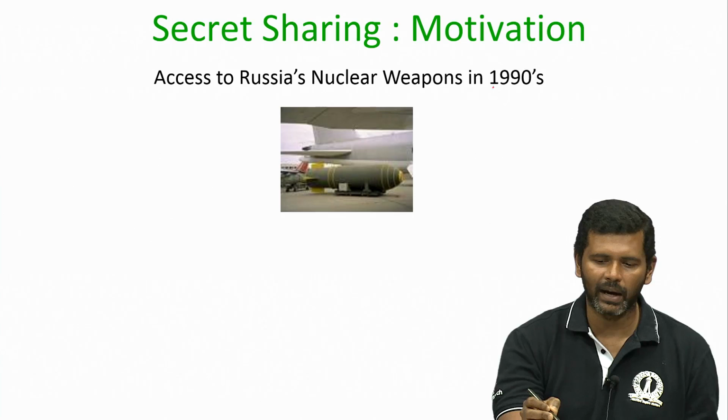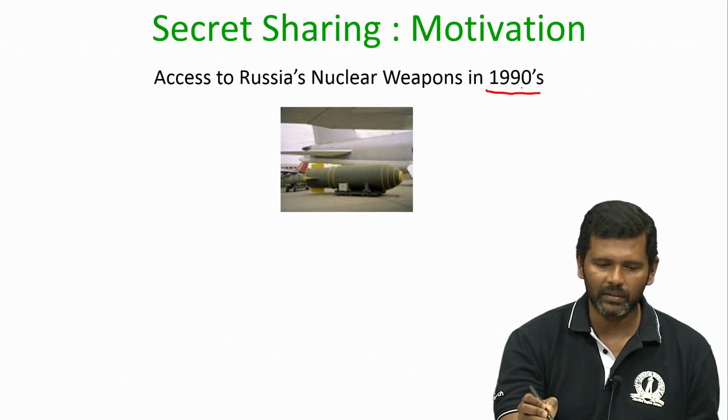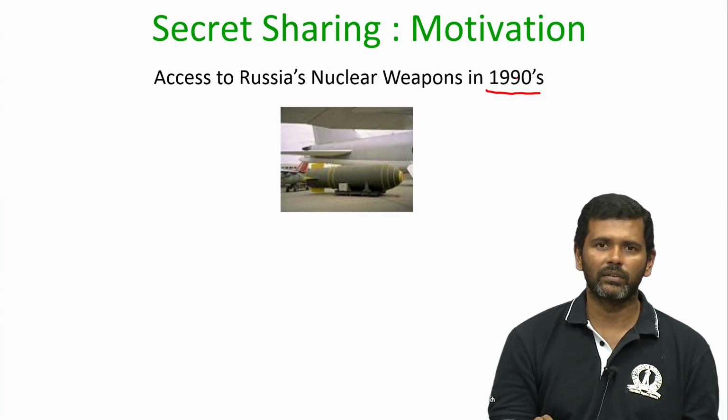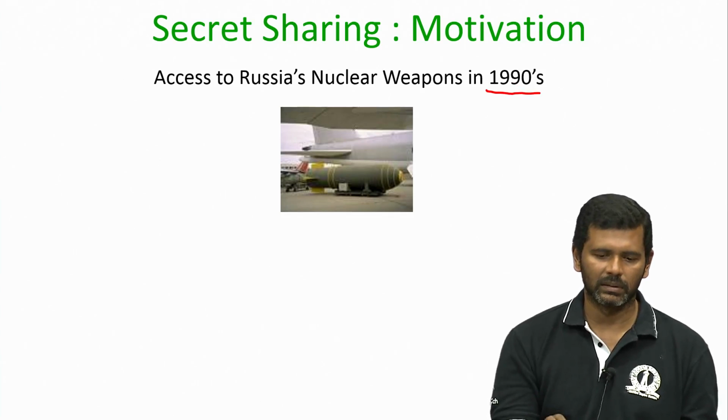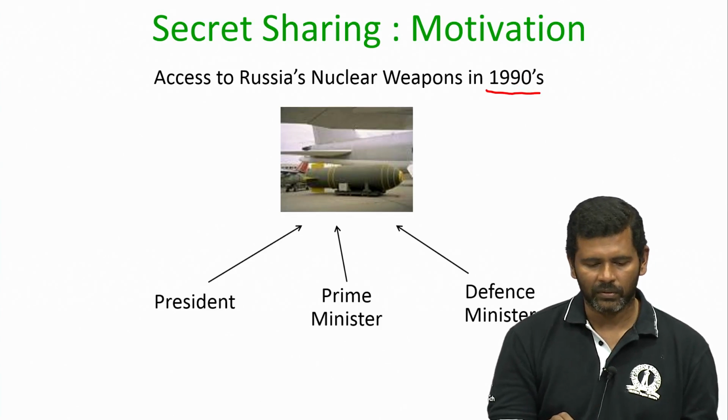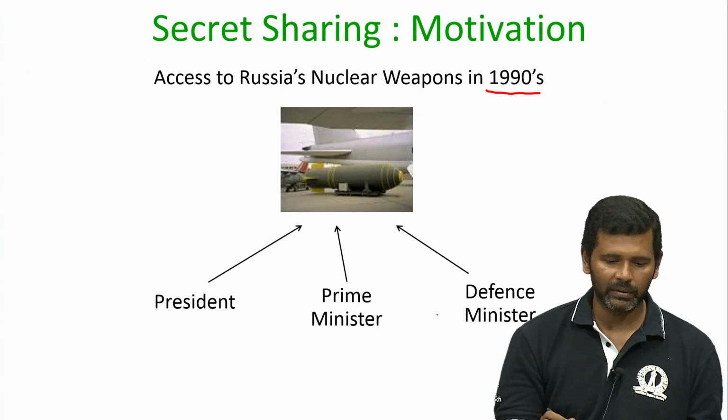Another interesting motivation for the secret sharing problem is the following. It is believed that in the 90s the access to Russia's nuclear weapon was done in the following fashion.